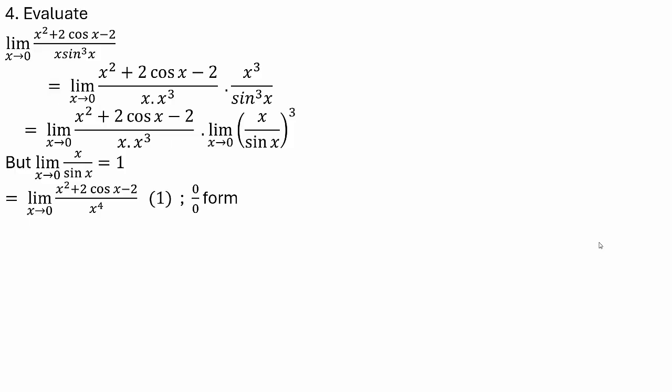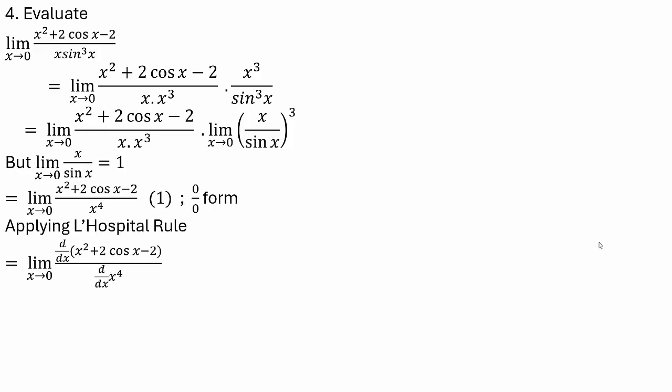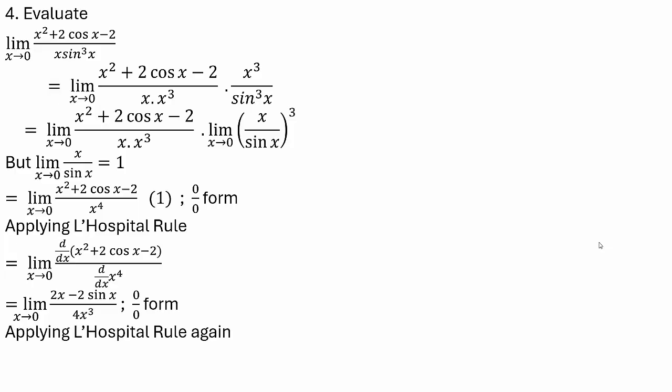Again, if we put x equal to 0, this is 0 by 0 form, and hence applying L'Hospital rule, we will get limit x tends to 0 of derivative of (x² + 2cos x − 2) divided by derivative of x⁴, which is limit x tends to 0 of (2x − 2 sin x) divided by 4x³, which is again 0 by 0 form.